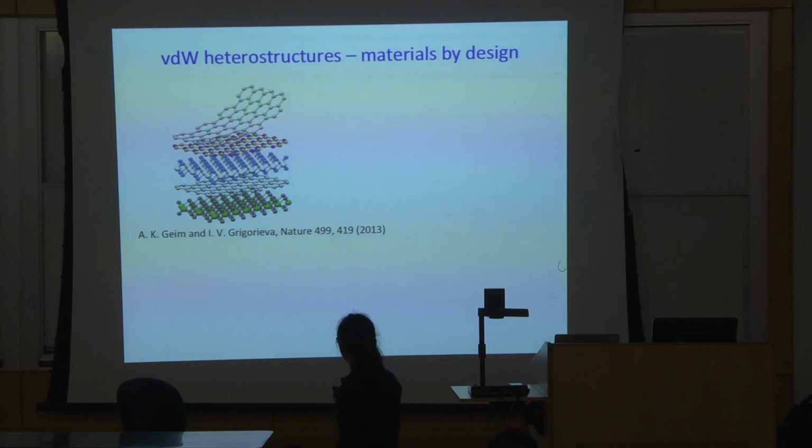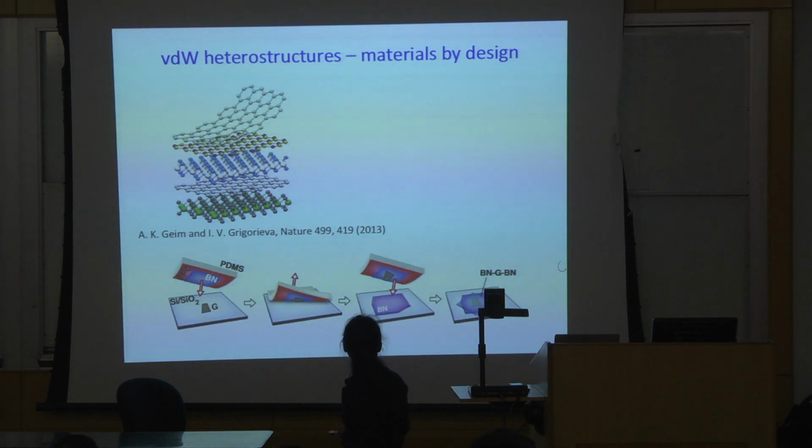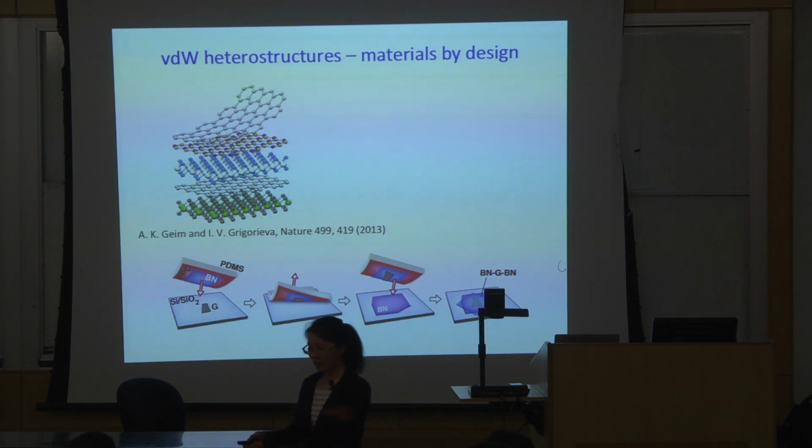So this is kind of an atomic sandwich painted by those guys in their review paper. And this is how you can do it. Quite a few labs here have this technology, so if you are interested, you can try to visit their lab. So what's happening here is that you have some kind of polymer, and then you have those single sheets living on some substrate you already identified.